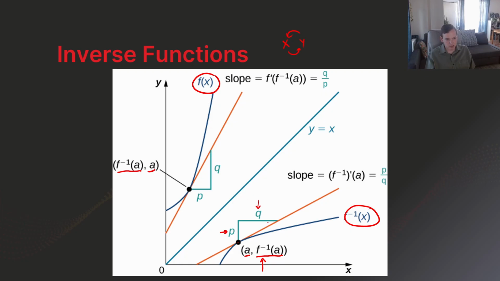The change in x for my inverse function is q. So that means that the derivative of f inverse of a is p over q. That's just because if I make this tinier and tinier, it's going to match exactly onto my function. So I'm just saying I don't know what this is yet, but it's some change in y over some change in x.